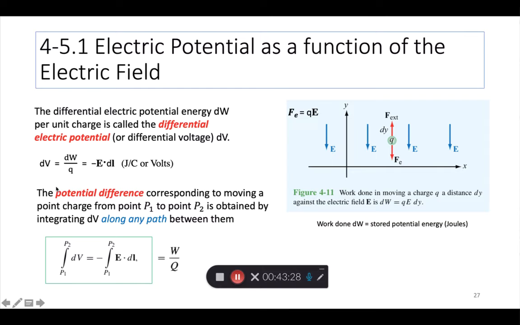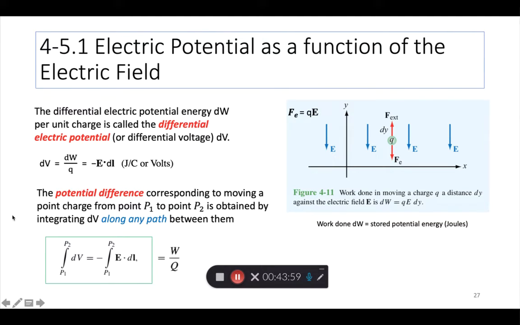So that work is stored as energy, right? Potential energy. So dV, electric potential, is the ratio of the differential work done by the charge being moved, and this is actually related to E as this formula. So this is in our textbook. Take a look and read it and try to understand what he's saying. But more important than this is this for our purposes.